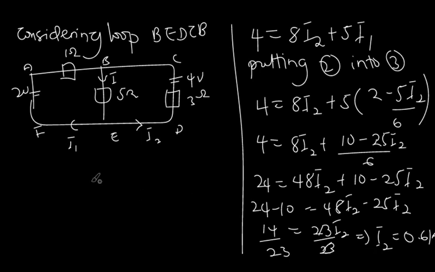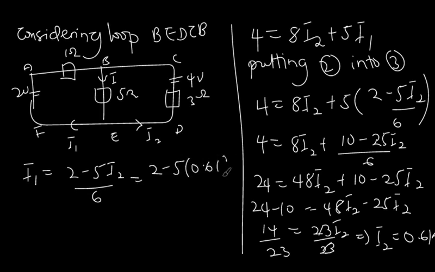So from equation number 2 we had I1 is equal to 2 minus 5I2 divided by 6. So this means we have 2 minus 5 into bracket 0.61 divided by 6, and if we punch this into the calculator, we are going to get negative 0.175.